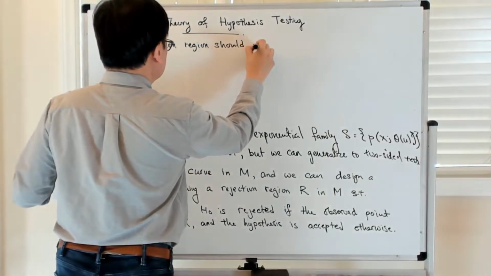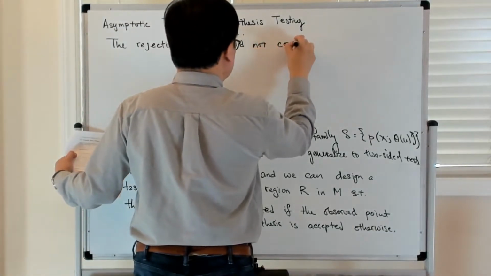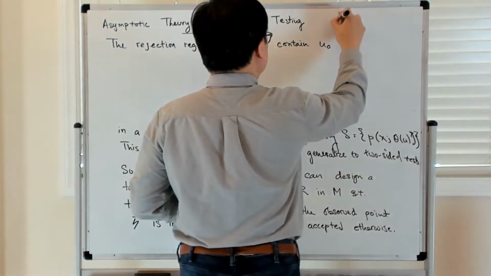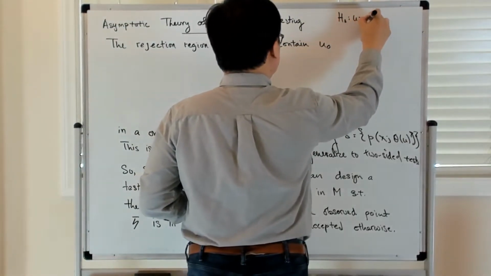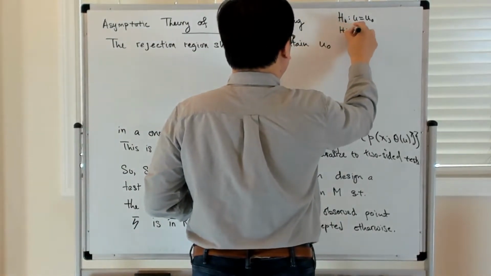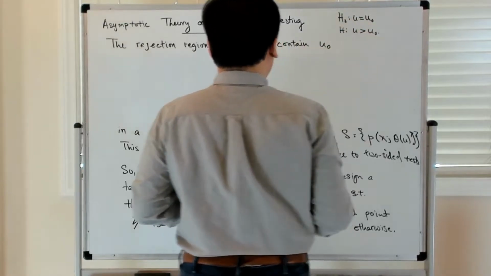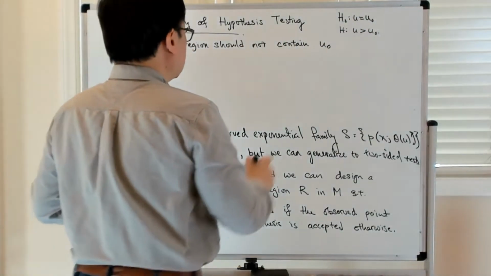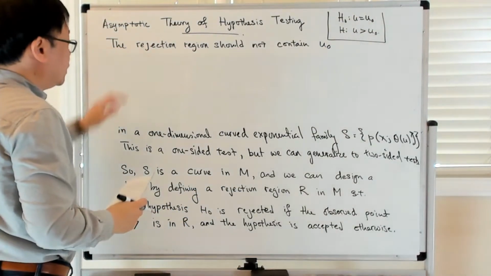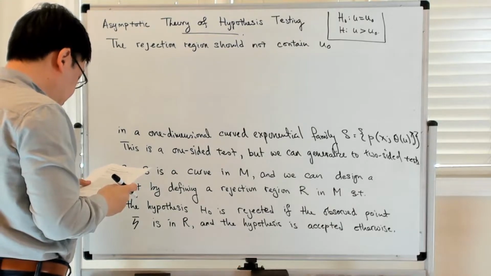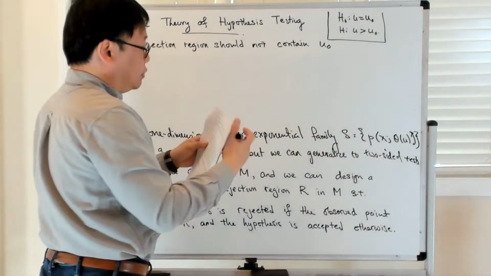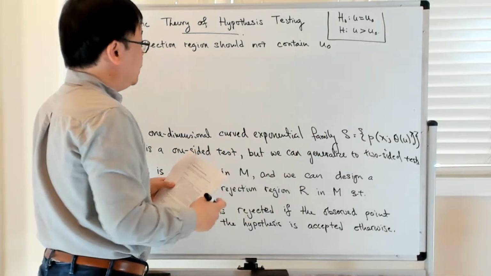Again, the null hypothesis H0 is that U is equal to U0, and the alternative hypothesis is that U is greater than U0. So this rejection region R should not contain U0. But its boundary should lie close to U0, especially as n tends to infinity.